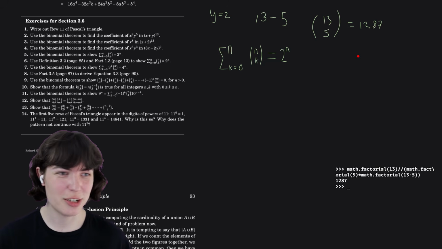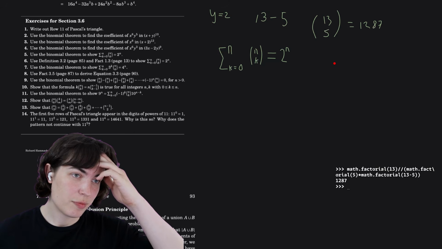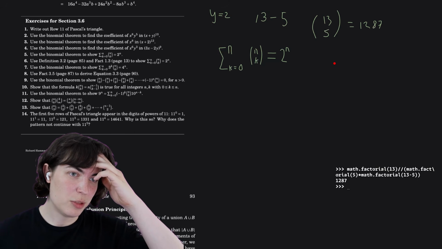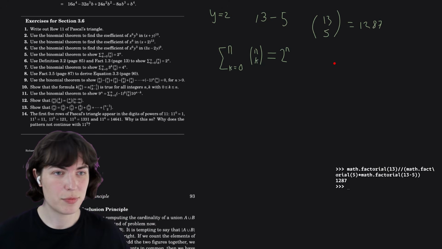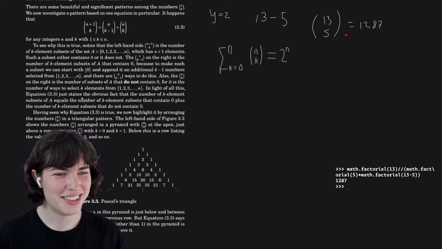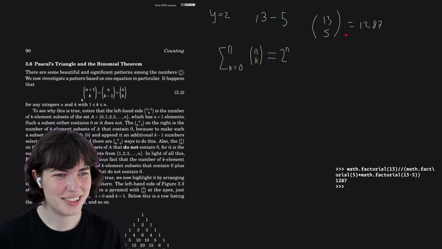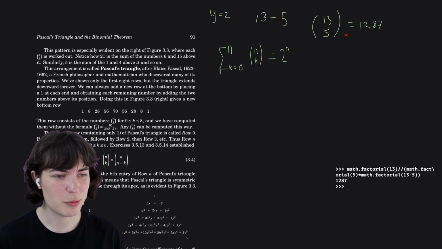Alright, I'm going to lock in and try it out. Use the binomial theorem to show this. Now, what's the binomial theorem again? Binomial theorem. This, right. Is that the binomial theorem? No, that's Pascal.